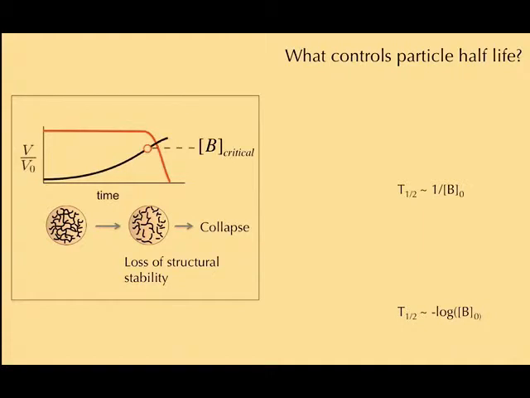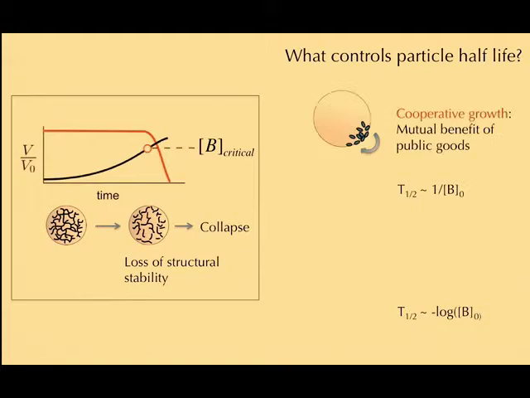So we thought we should look at this and also try to distinguish between two competing hypotheses. One is that because the organisms excrete enzymes, there should be cooperative growth. If you're producing enzymes and releasing some monomers, I can benefit from that, and you can benefit from my monomers, and we're all cooperating.